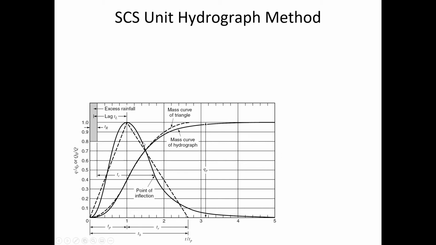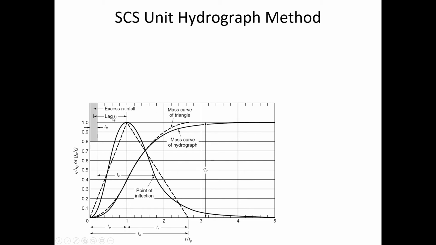And the same thing on the downswing as the flow rate is receding. Rather than going linearly from the peak to a hard zero, they curved it out a little bit and extended the total period that the discharge is decreasing.